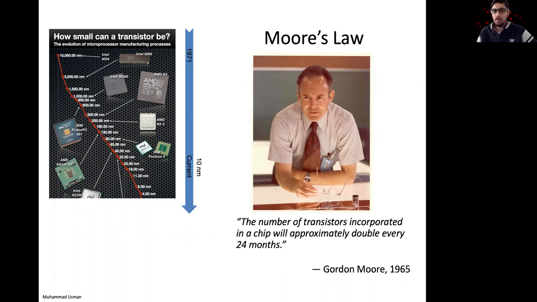And that way you can have the same area of the processor, and you can pack double the amount of transistors. And you can see from this curve that I'm showing on the left side, the transistors has been constantly reducing to the half every 1.5 years. And that has been increasing the capacity of the microprocessors. Right now, we are at the level of around 10 to 15 nanometer node.